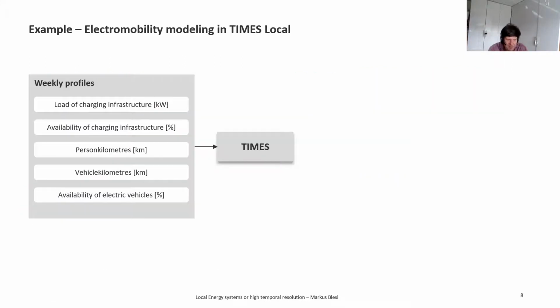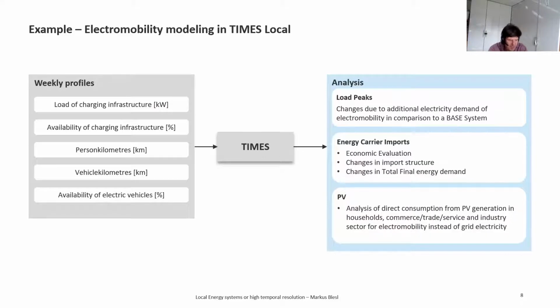For example, with electric mobility, we are looking at the weekly profiles for slow charging, the person kilometers, and vehicle availabilities, and then with TIMES an analysis of the load peaks, the energy current imports, and the PV use.